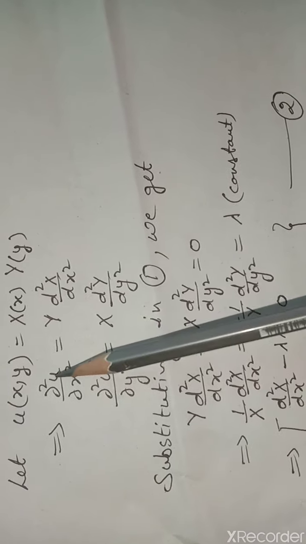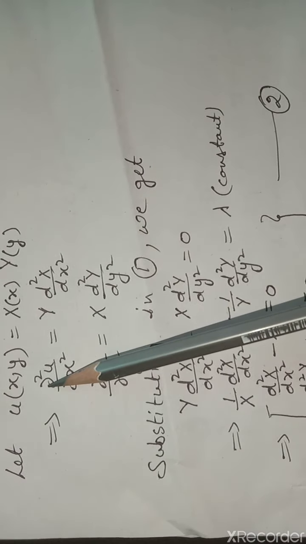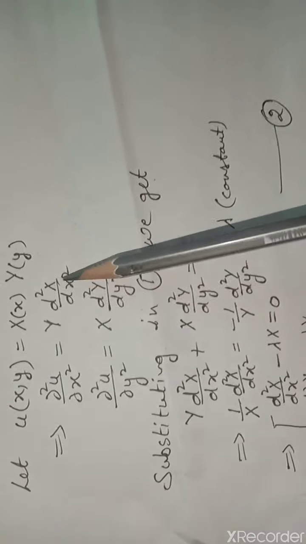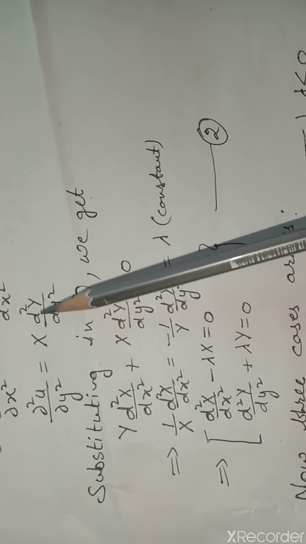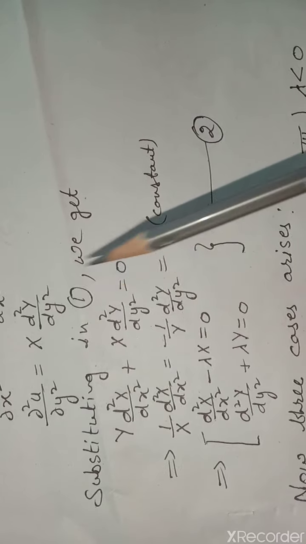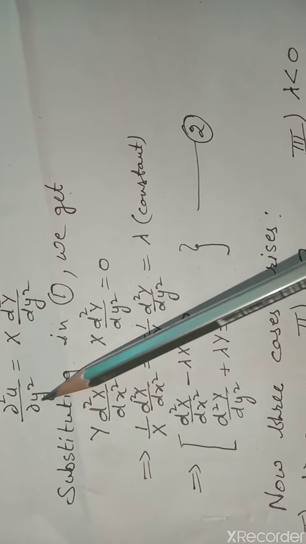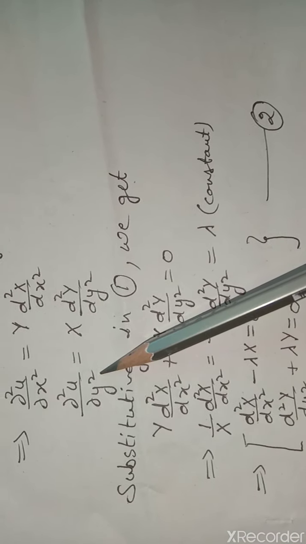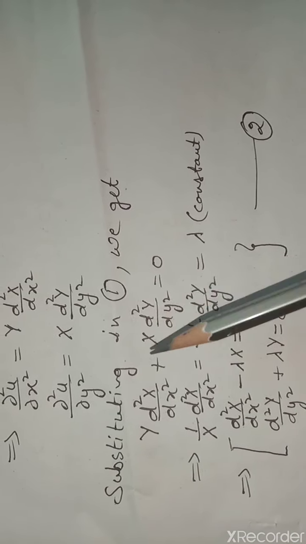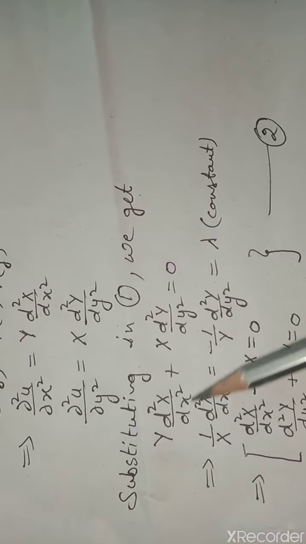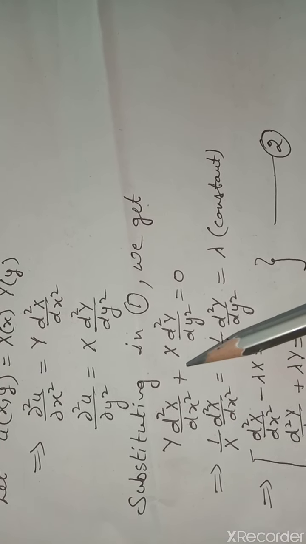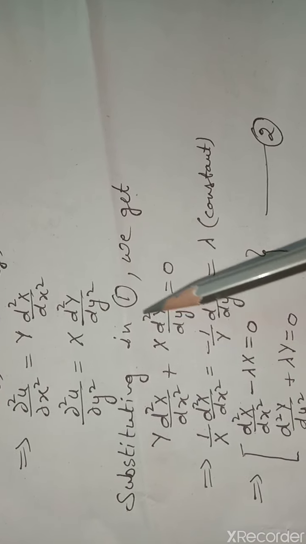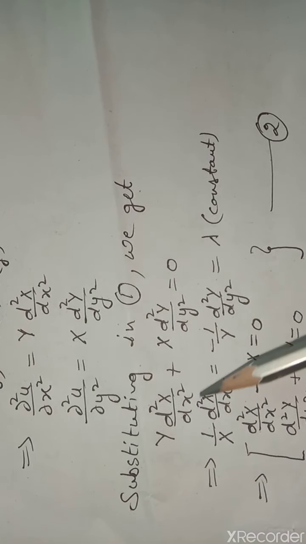Okay, so now del square u by del x square means Y d square X by dx square, and del square u by del y square is X d square Y by dy square. So we substitute the two second order partial derivatives in equation 1, and now equation 1 will become Y d square X by dx square plus X d square Y by dy square is equal to 0.